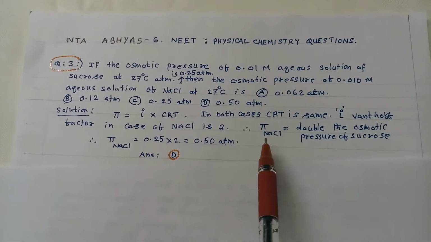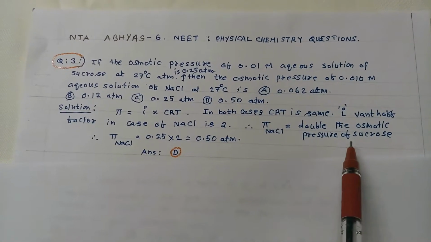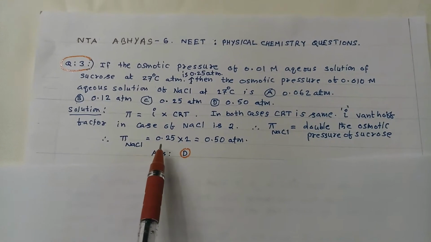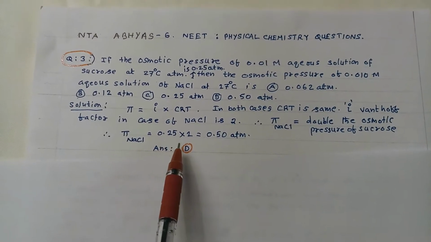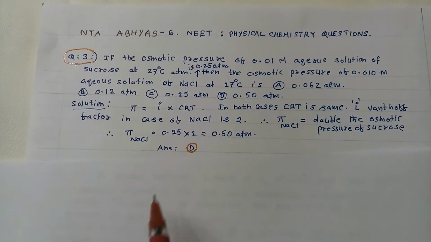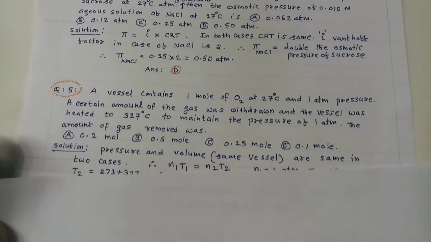So pi NaCl is equal to 0.25 into 2, that is 0.5 atmosphere. Answer is D. So we will go to the next question.